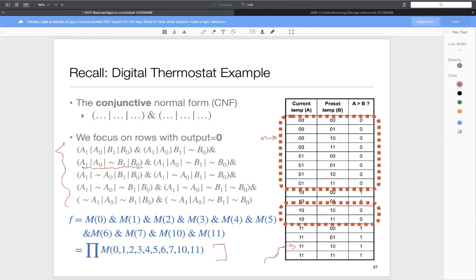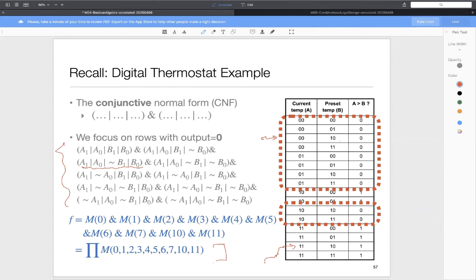So we would use DNF if there are fewer outputs with 1, and we would use CNF if there are fewer outputs with 0. Exactly. Yeah, absolutely. I think there was someone else speaking up. So were you going to say the same thing? Yeah, I was going to say you look at which one has the least amount of zeros or ones. Exactly. So both of you got it.